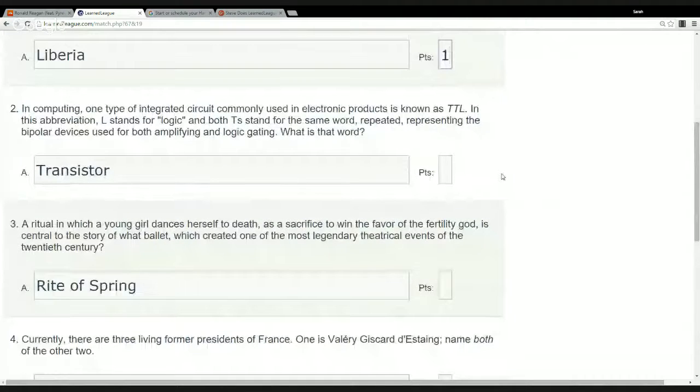It's really down to Rite of Spring versus Transistor. I feel like this Rite of Spring fact is pretty well known. Some people are going to say, like, Swan Lake, or things like that, I'm sure. But the question is, is it harder to correctly name an electronic component that starts with T or Rite of Spring from a description?